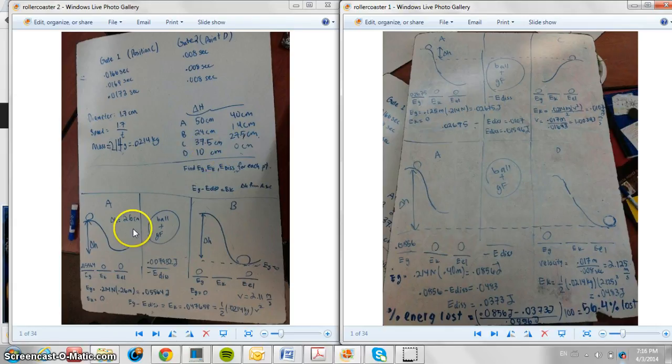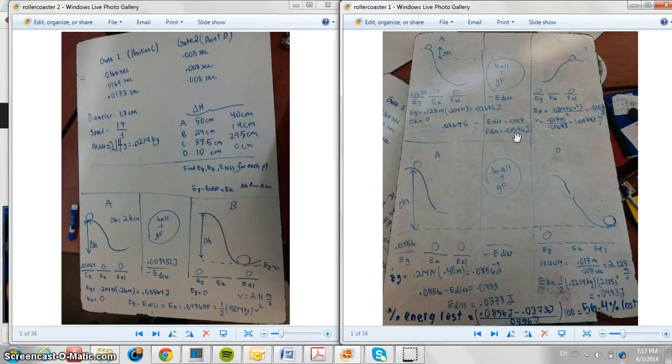So, but okay, that's what confuses me, because here, this is Hamid's board, but let me backtrack for a second, because from point A to C, we were able to get the amount of E dis because we have E dis coming out of our system, and we go Eg minus E dis is equal to Ek at point C. And so E dis is equal to the Eg minus the Ek.